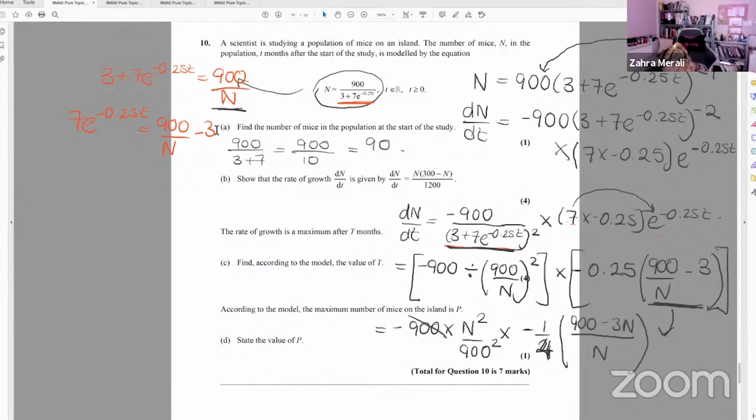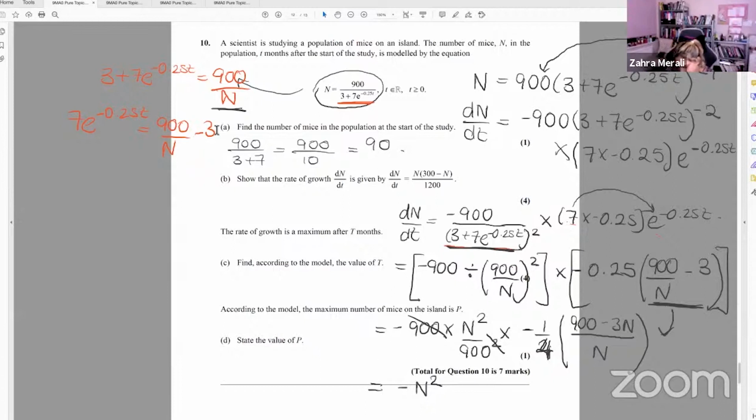That cancels with that, and we get left with minus n squared on the top there. We've got 900 divided by 4.